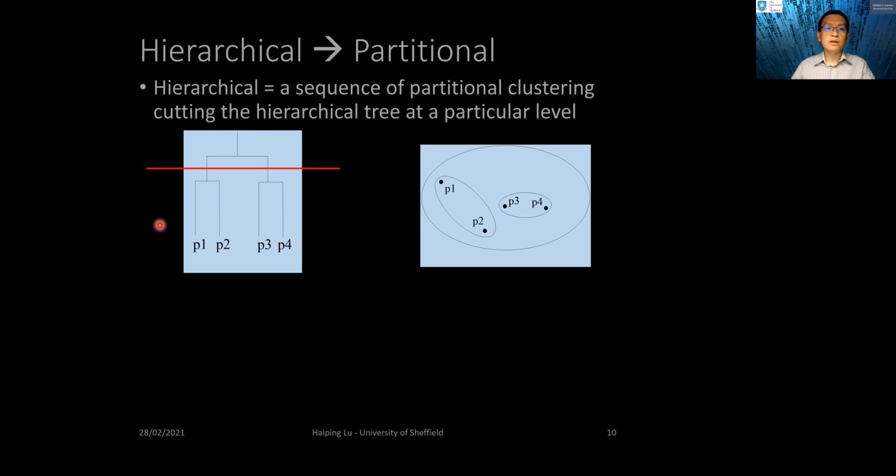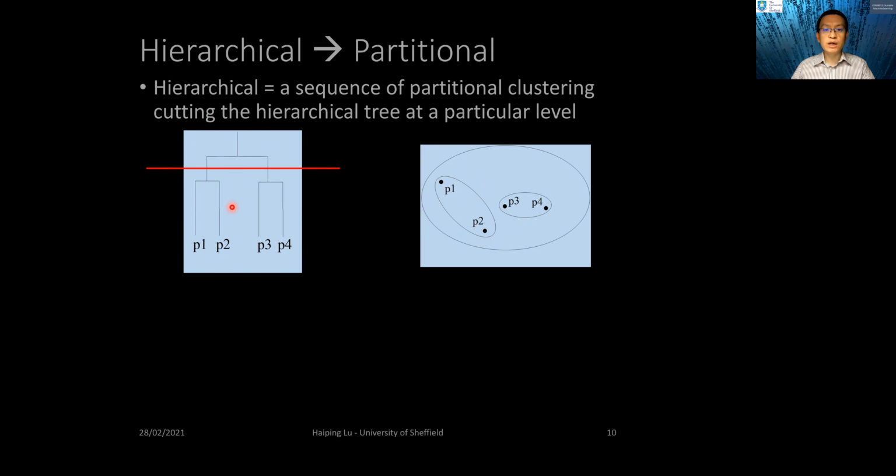Let's take the non-traditional dendrogram as an example. If we cut the tree at this level, indicated by this red line, then we will have a partitional clustering with P1 and P2 forming one cluster, and P3 and P4 forming another cluster.